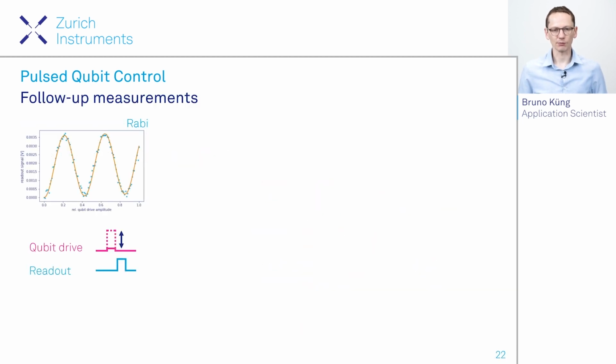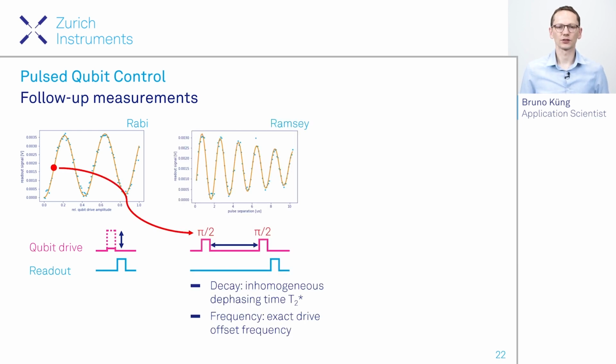Beyond the Rabi oscillation measurements, you can do a suite of 3 types that are often done together: Rabi, Ramsey, and T1. Going from a Rabi oscillation to a Ramsey, you take the calibrated pi pulse from the Rabi oscillation, and in the Ramsey you apply 2 pi half pulses and vary the waiting time between them, to obtain Ramsey fringes, which are a signature of the free oscillation of the qubit.